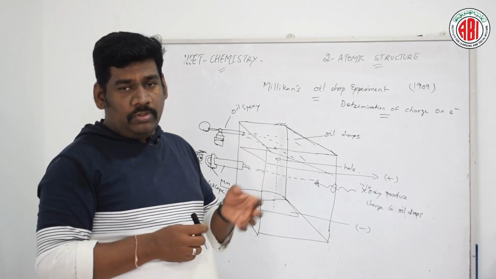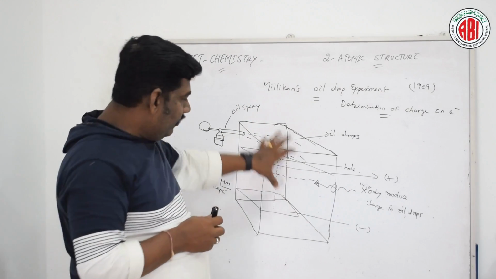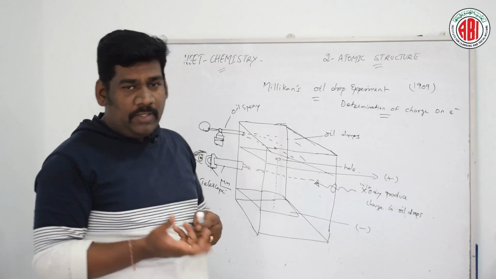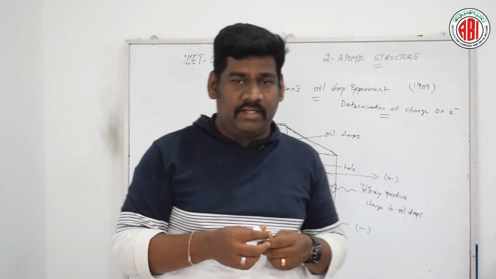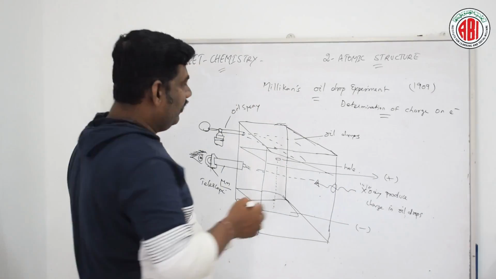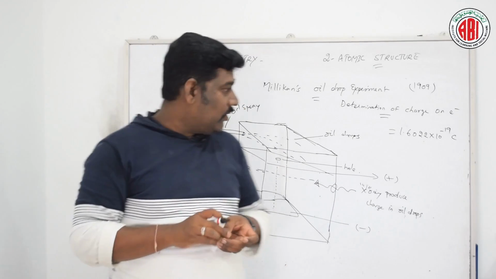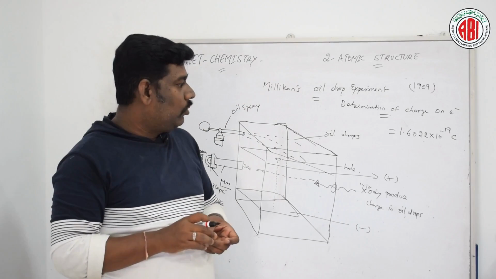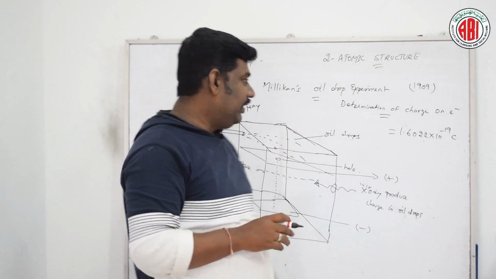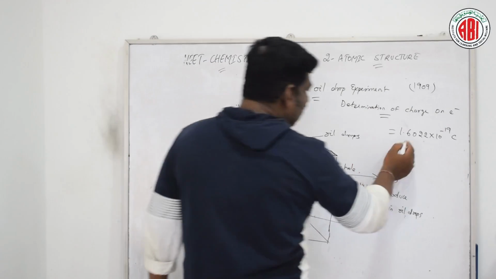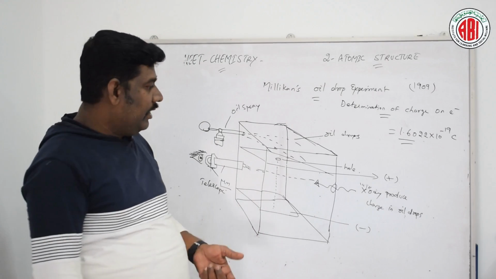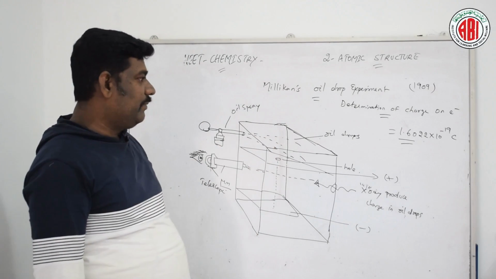So finally, by doing this experiment, Millikan was able to calculate the charge of an electron from these oil droplets, and it was around 1.6022 × 10^-19 coulomb. So this was the charge of an electron he was able to determine by conducting this experiment.